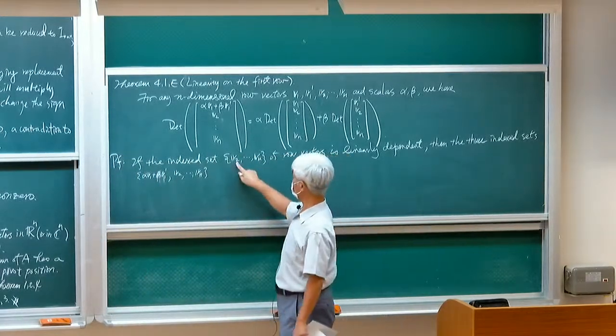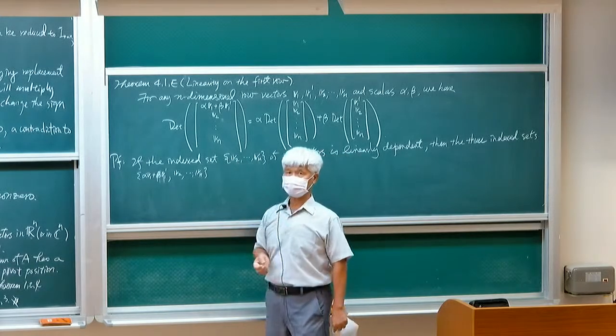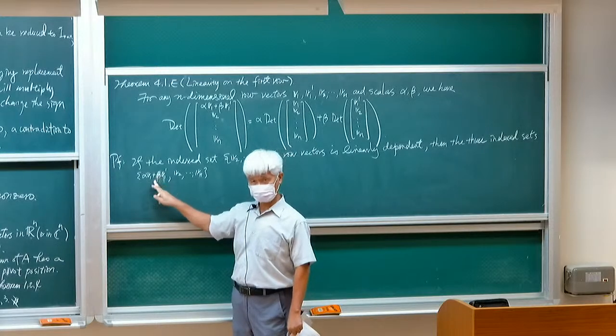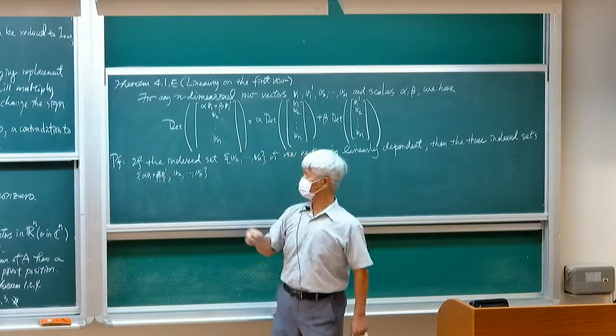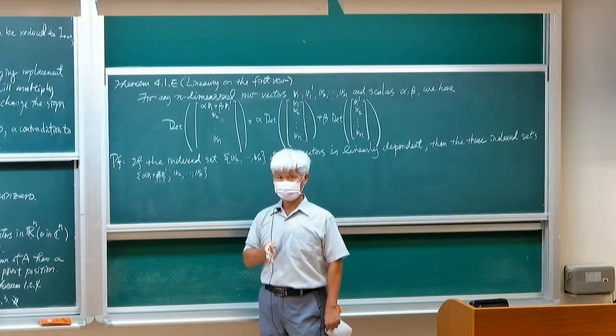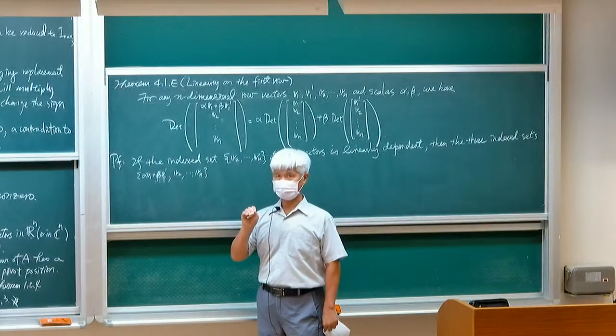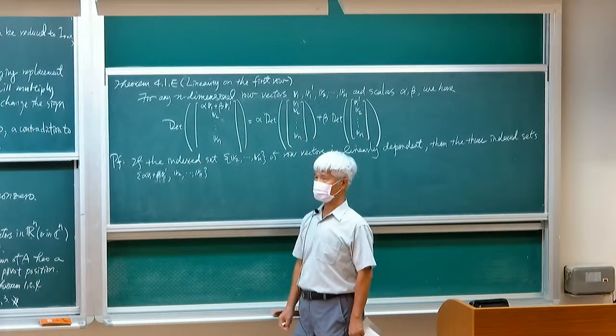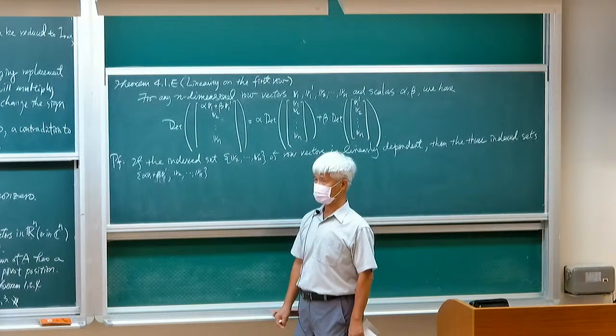Because R2 up to Rn is already linearly dependent, when you add one more vector into a linearly dependent set, this new set is also linearly dependent. I think you have done some exercise before.